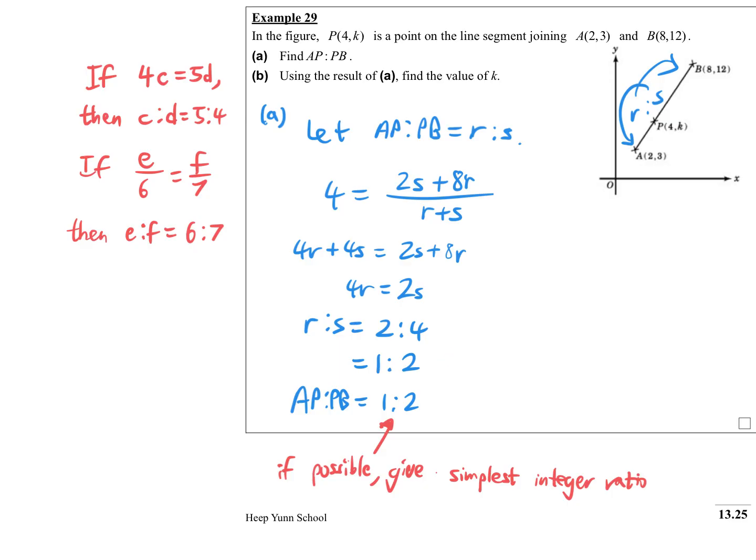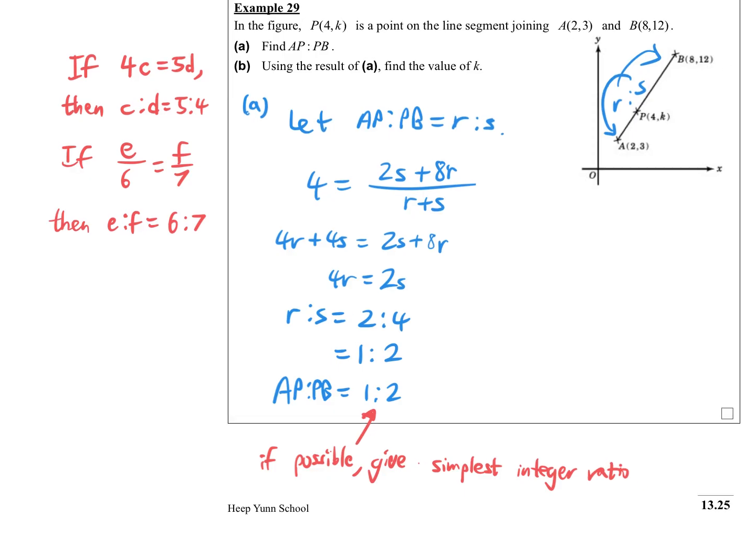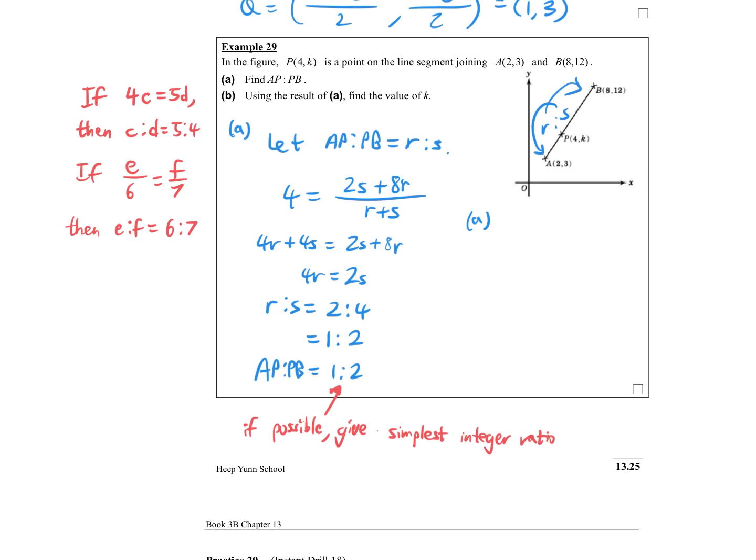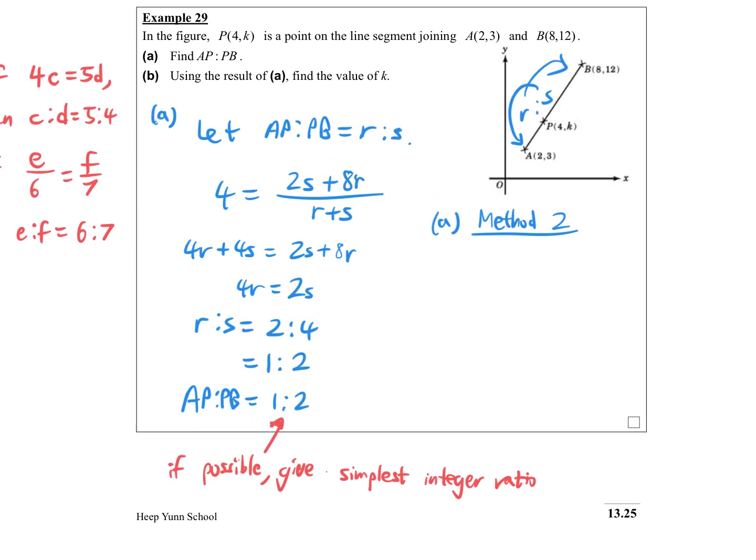Wait, I just don't understand why can't we just use the ratio of like you calculate? Yes, you may. I'm going to mention that. Okay, so some of you may see that what happens here is that we have a pair of similar triangles. Or at least, if the top ratio is R to S, then this ratio is still R to S. The horizontal length ratio, do you agree?